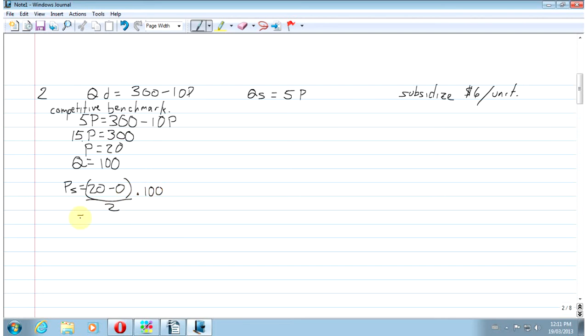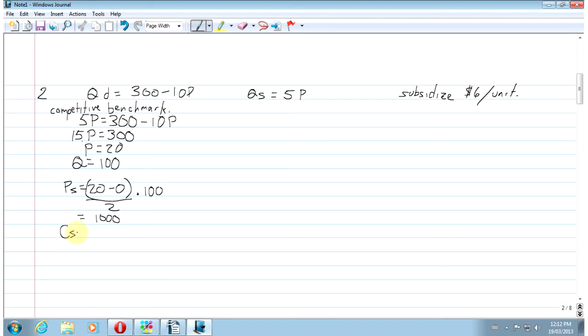It's just a triangle. I'm not going to bother with the graph for this one because they should be pretty familiar. I will do a graph for the rest of them. PS looks like price supplies, but it's producer surplus.